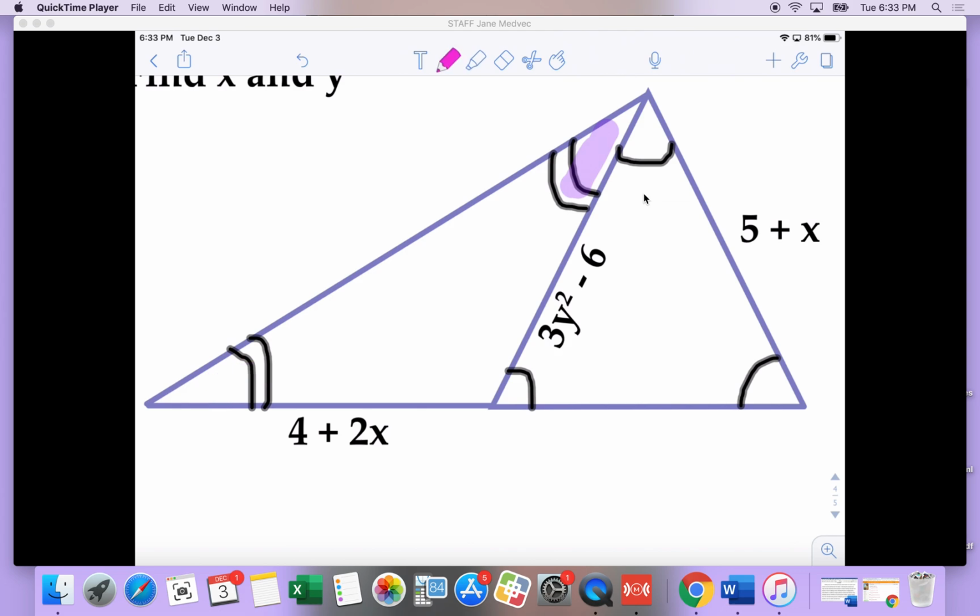So what I'm going to do is I am going to shade this purple, just so you can kind of see it a little bit better. So here's my purple triangle. Notice that it's an isosceles triangle, and I know it is because of those base angles. I know that this side is congruent to this side.